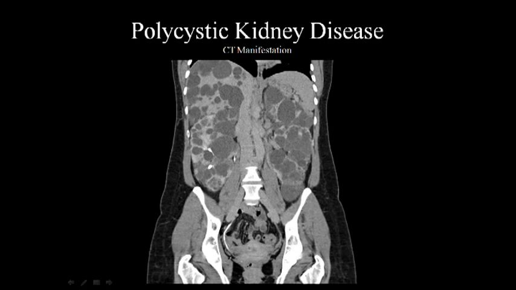So here is another differentiation, this being the right side and this being the left. Once again, we see that the left kidney is huge and the right kidney is not quite as much. Here is the border between the liver and the kidney, and if we look here, we see that we have cysts in the liver as well, pretty much all over the place.